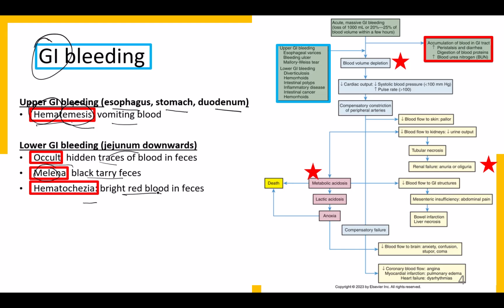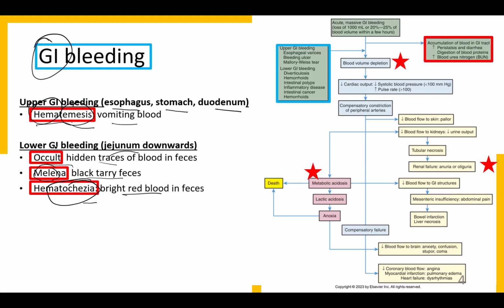And basically, the color of the blood, whether it be in the vomiting or the feces, is an indication of how close to the opening the source of bleeding is, right? If it's really close to the rectal and anal area, it will tend to be bright red.